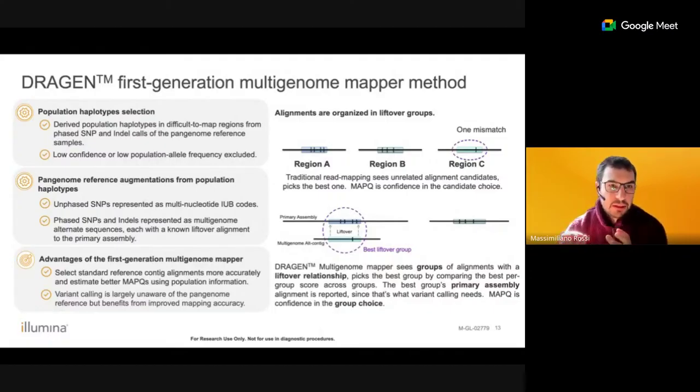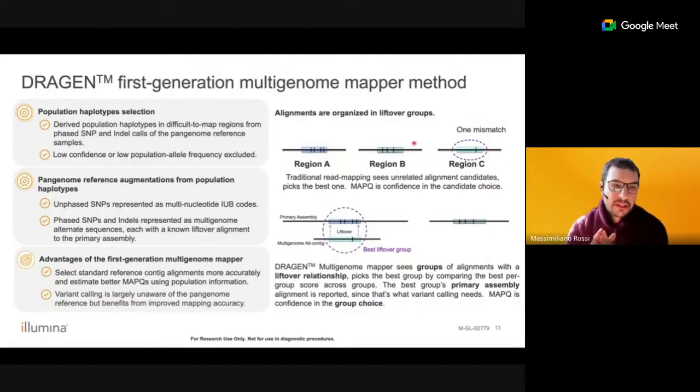So this is important, and let's look at this picture on the right, trying to explain why the liftover information is important. Let's say that we are trying to align this read here, and this read has three possible alignments on these three different regions, A, B, and C, where these vertical bars represent mismatches.